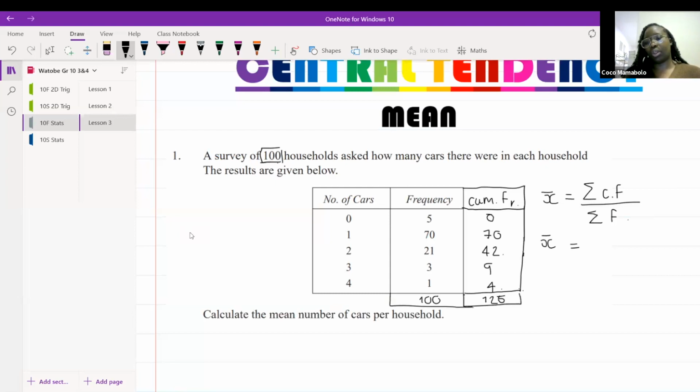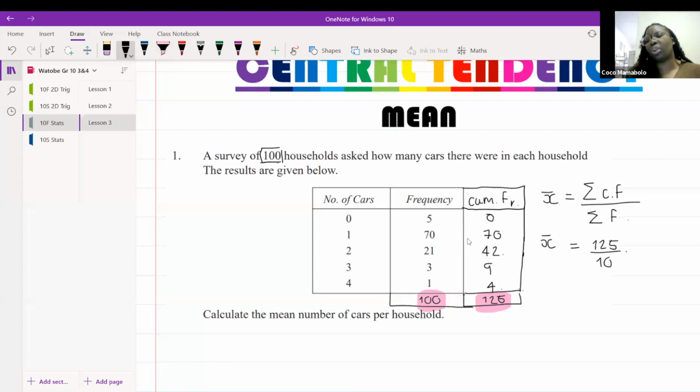It's 125. Excellent. 125 divided by the sum of our frequency, which is 100. Beautiful.